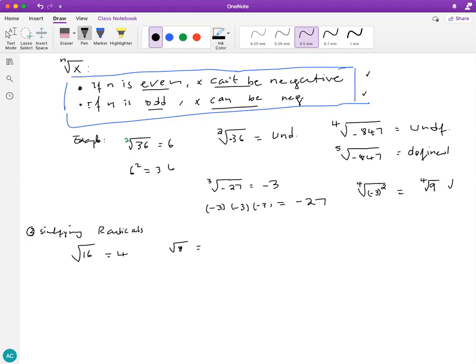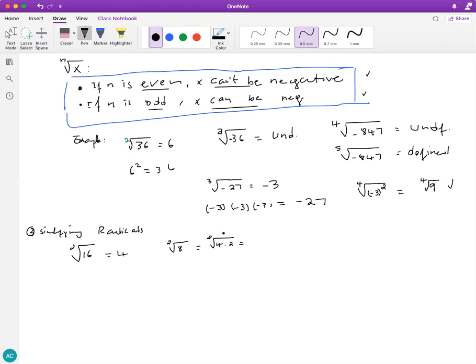To do so, you take this number and break it down into a product of 2 numbers. One of them might be a perfect square. For example, here the index is 2. We can't find the square root of 8, or at least we need a calculator to find it. But what we can do is turn 8 into two numbers: 4, for example, times 2.